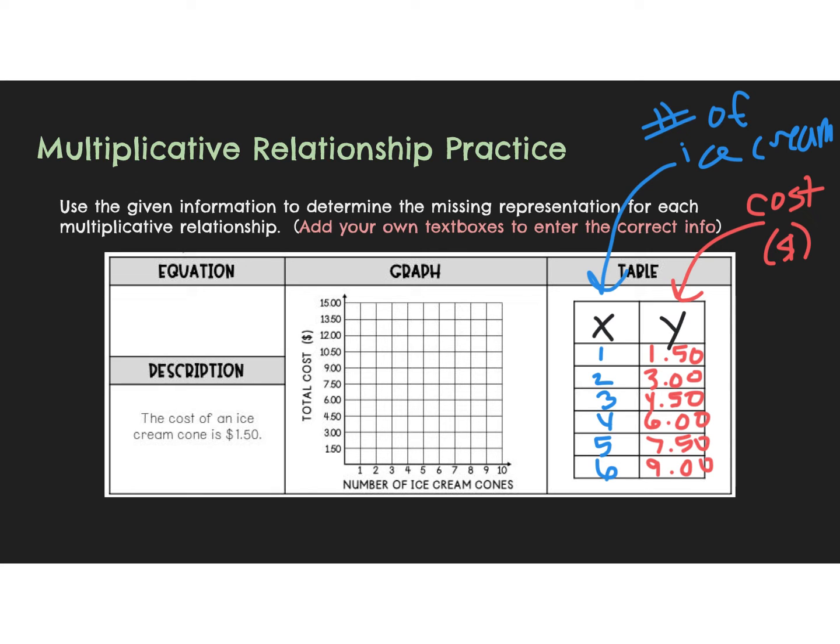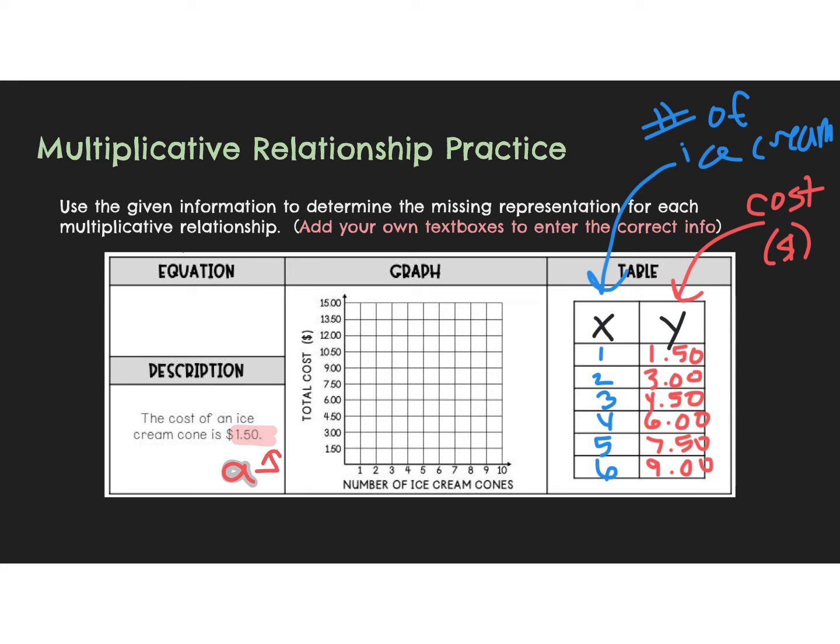All I'm doing is taking that constant of $1.50. So this is our constant here, and that's going to be my A. Here we go, that's going to be my constant.